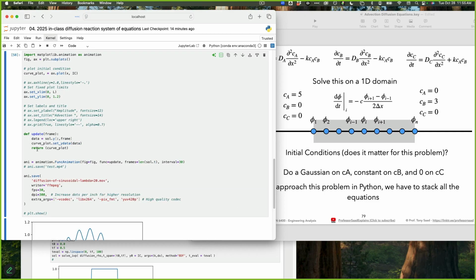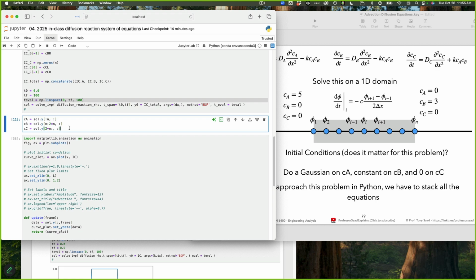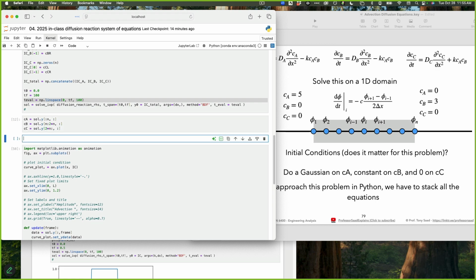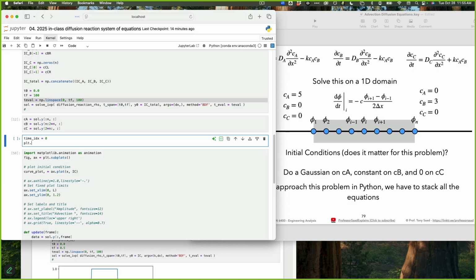I'm going to delete this and create a new cell, and then plt.plot. Let's define time index as 0, so that's the initial condition. plt.plot x and then CA. Now I want to plot CA at all grid points, but only at the time index.